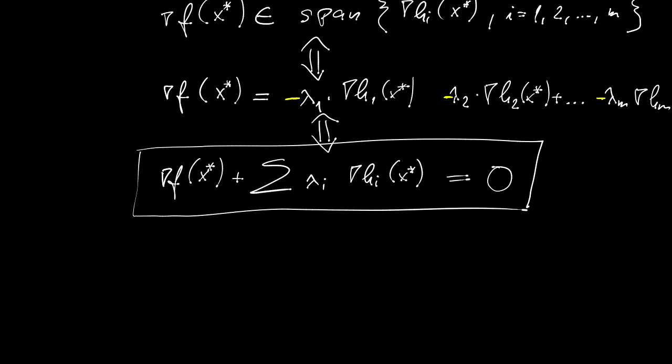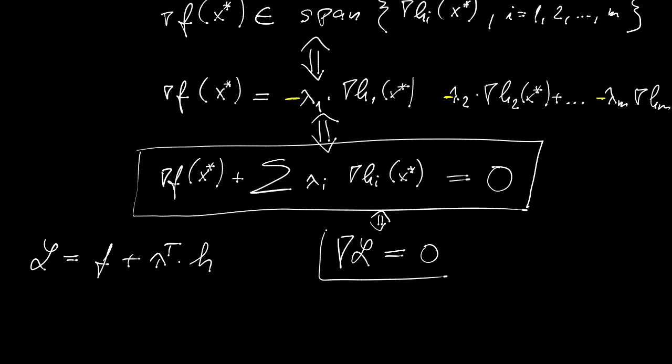For completeness, I will also rewrite it using the Lagrange function, so f plus lambda transposed times h, and then using this definition, this is just equivalent to saying that gradient of L is equal to 0.